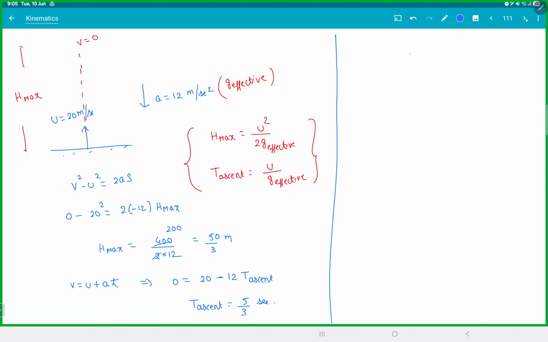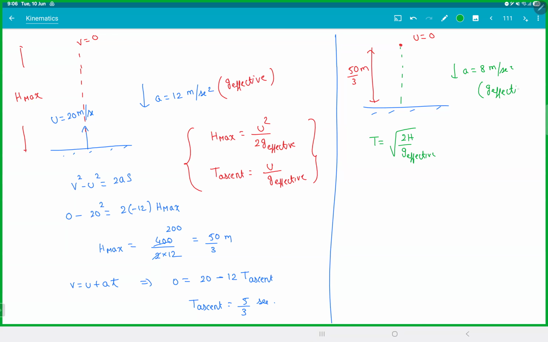Now for the second part of the question. The particle is already at a height. Now your initial speed is 0 and this height is 50 by 3 meters. You cannot use the time of descent formula. Now the acceleration is 8. If a particle is dropped from rest, remember we already derived this formula, root over 2h by g. But in place of g you'll have g effective. So while coming down, the particle will think the gravity has become 8.